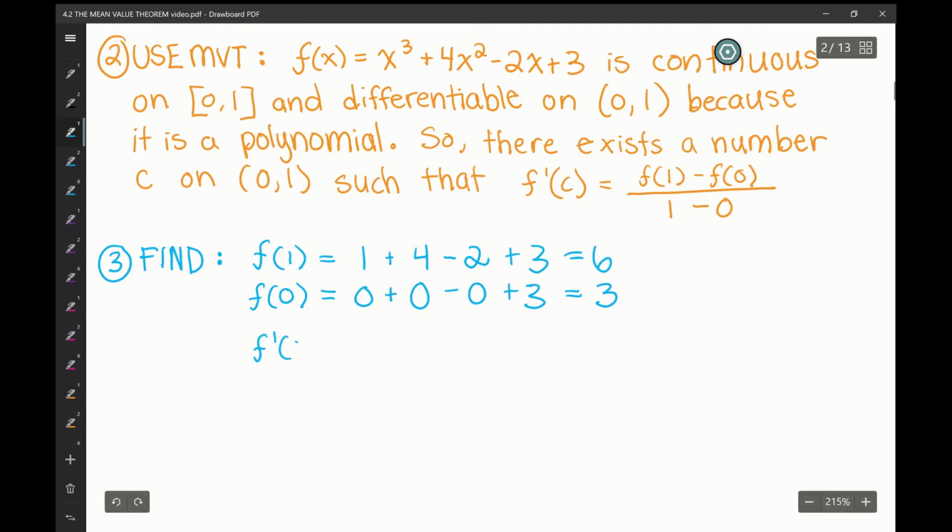So that means that f prime of c must be equal to 6 minus 3 over 1 minus 0. So that's 3 over 1, which is equal to 3.